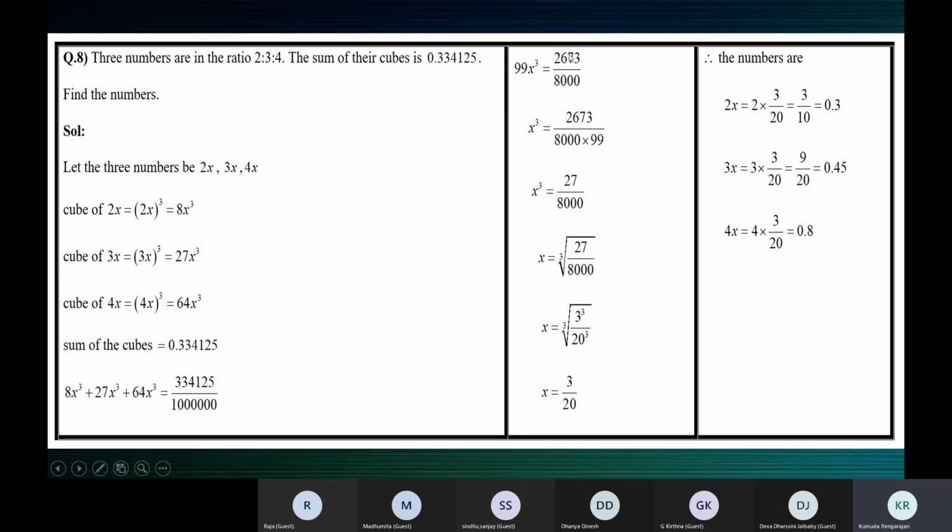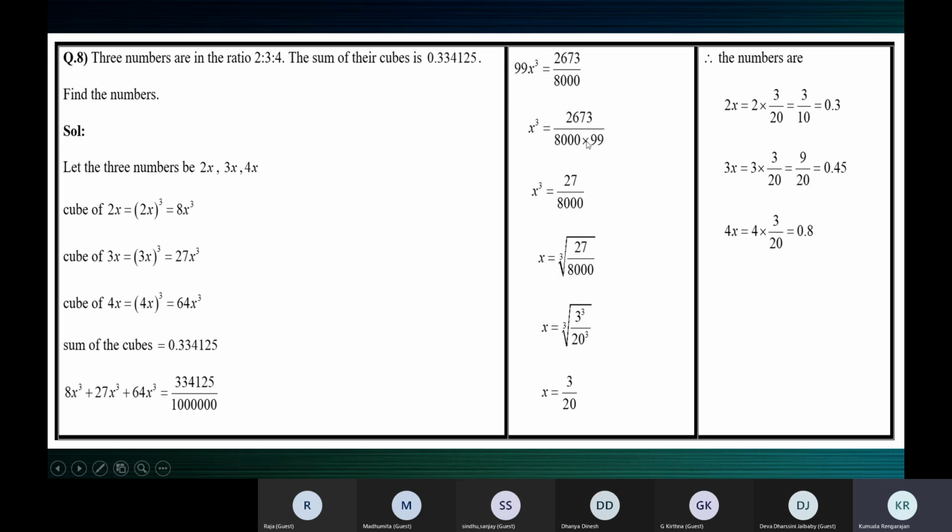Because you cannot divide both of them by the same number. Maybe this is divisible by a number, but this is not divisible by that same number. So this is the simplest form. This fraction cannot be simplified any further. You cannot divide the numerator and denominator by any same number. So we leave it like this.